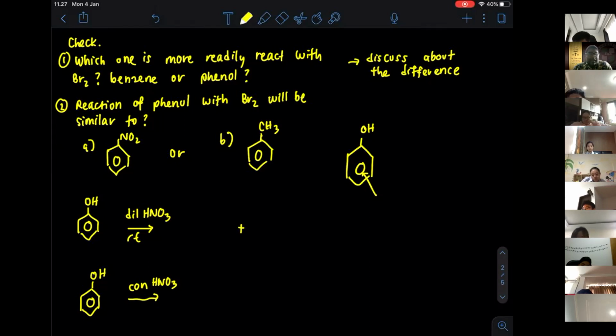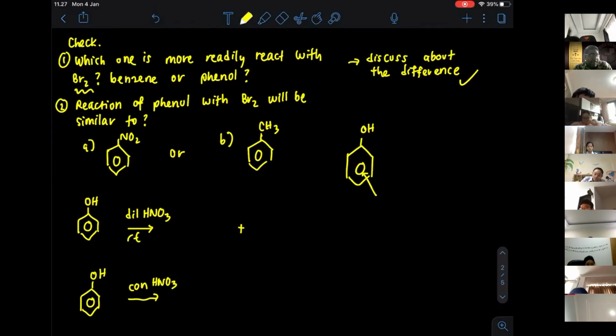The difference is, for example, if you have benzene and you are using Br2, of course you need halogen carriers. You need FeBr3. But for phenol, do we need halogen carriers?